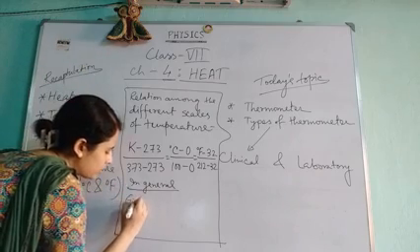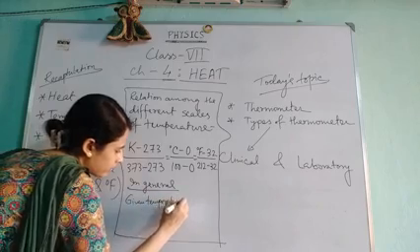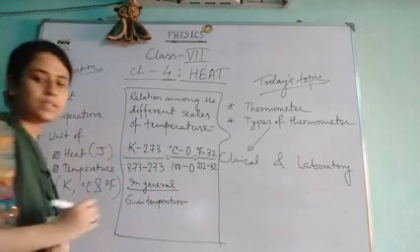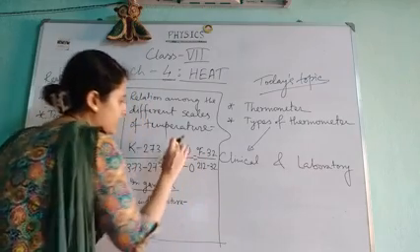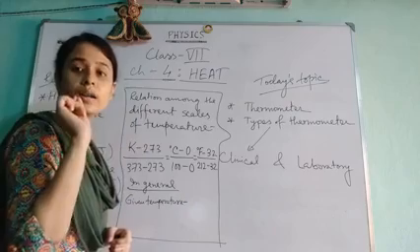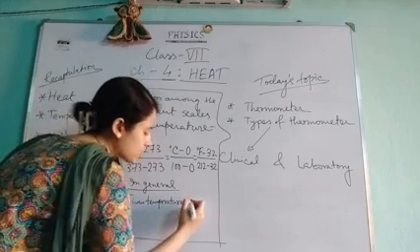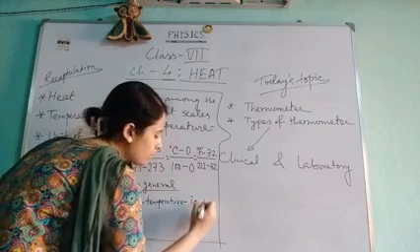Given temperature minus, next one is, in degree Celsius, what does 0 represent? 0 represents the temperature of ice, that is 0 degree Celsius. So that is called the ice point.